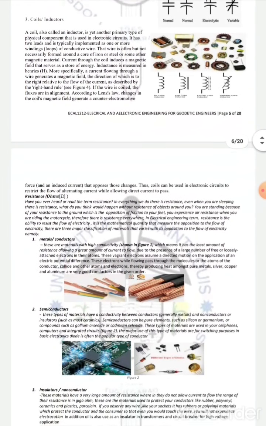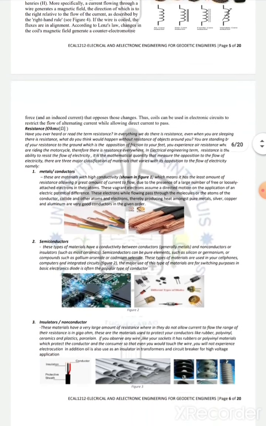There are three major classifications of materials that vary in their opposition to the flow of electricity: metal, semiconductor, and insulator. These are the materials we use in electrical engineering, especially in wires and in our PCs.